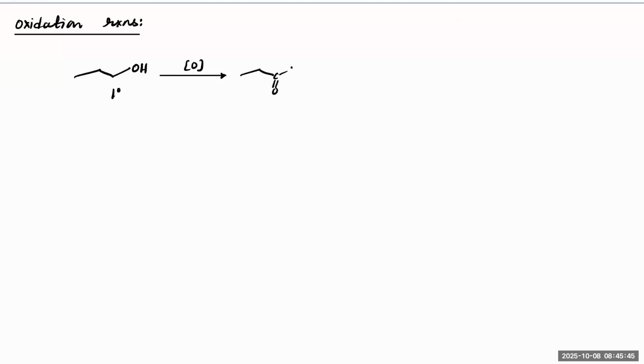First you'll get aldehydes, and aldehydes will get further oxidized to convert into acids. Then this is the complete oxidation which you will get. Got it? Now, whenever we make the oxidation of aldehydes, you usually end up getting acids.